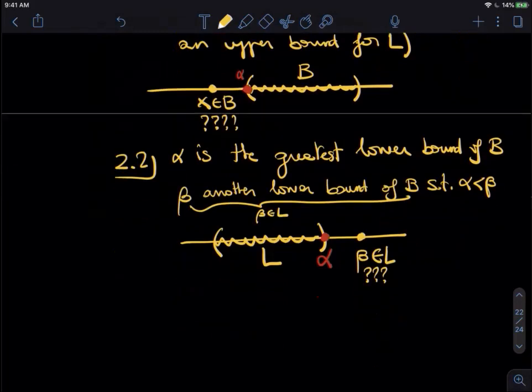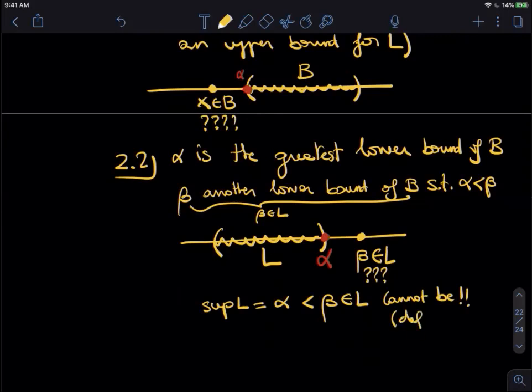But then notice that alpha is the supremum of L, and we are saying that some beta that is in L is strictly bigger than the supremum of L. That is impossible by the definition of supremum. They're saying that it is larger than the largest.